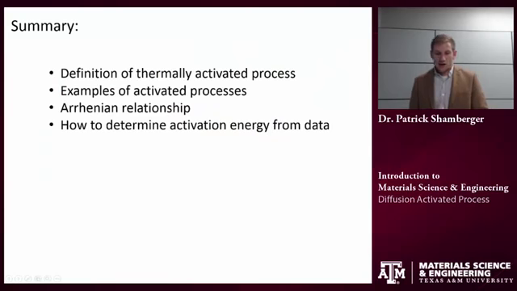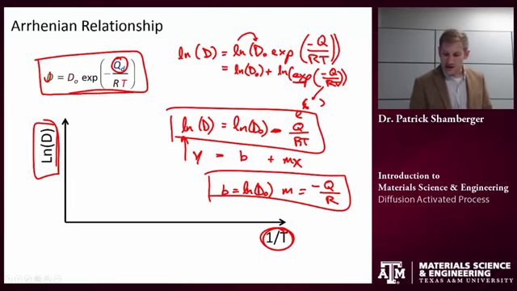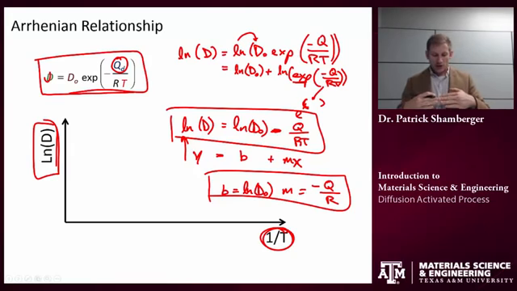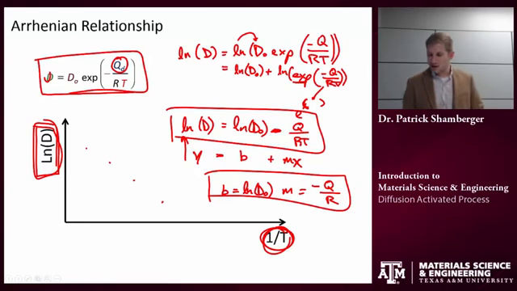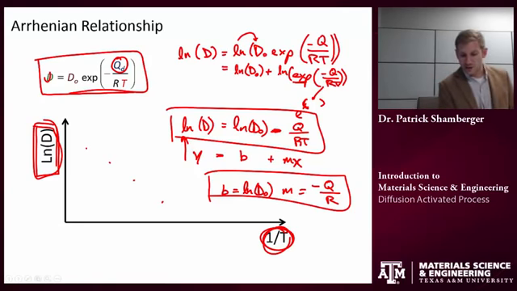So if I were to plot data, and we can measure these things, if I take two materials and I put them together, and I watch material A diffuse into material B, then I can measure the change in the diffusion coefficient as a function of temperature. And if I plot log of D versus 1 over T, I will get a linear relationship.